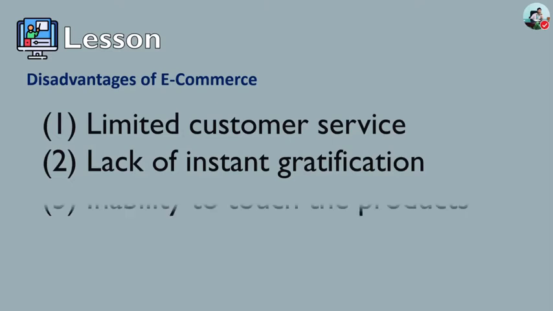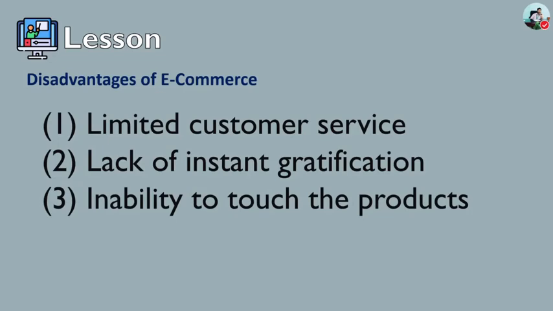And then the third one is inability to touch the products. So this is the common problem of online shopping. We can only see, for example, the video or the picture of the products.